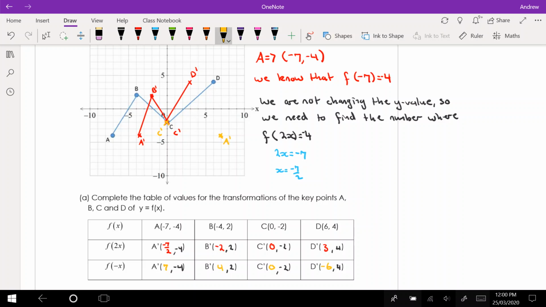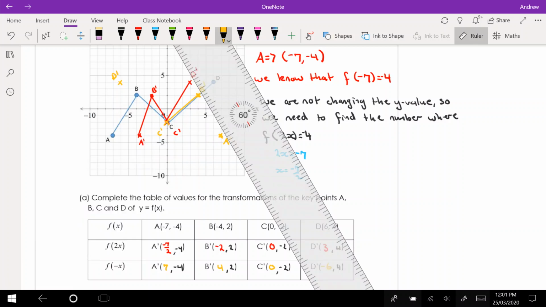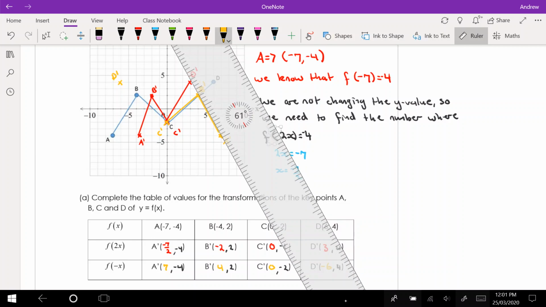D dash. What's happened to that graph here? There's a special word for it, guys. It's been reflected on the y-axis. It's exactly the same shape, but we're just the other way.